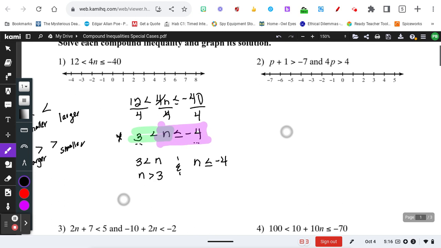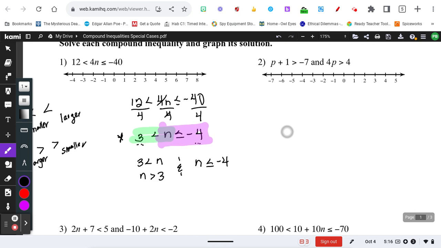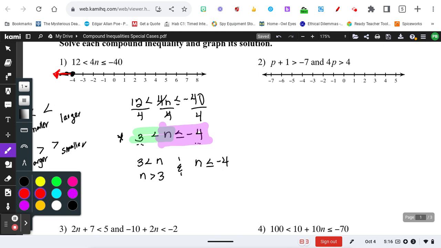Okay, so if I think about everything less than or equal to negative 4, there we go. Everything greater than 3 is right here. It's going to be an open circle.